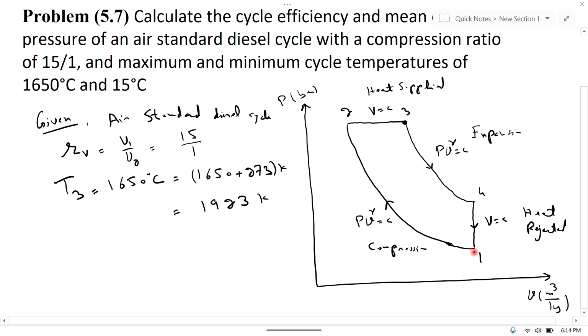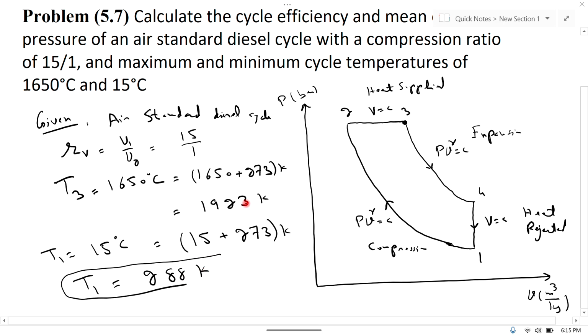Minimum temperature point is basically point 1. So T1 is equal to 15 degrees centigrade, which is 15 plus 273 Kelvin. So T1 is equal to 288 Kelvin, and this is T3.